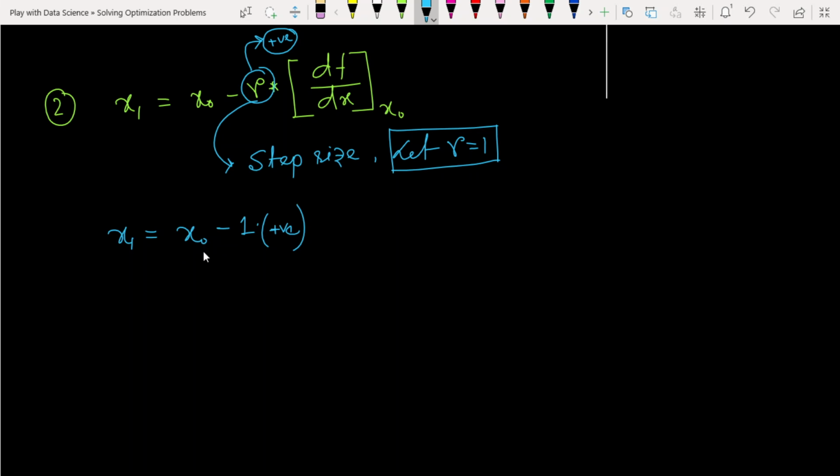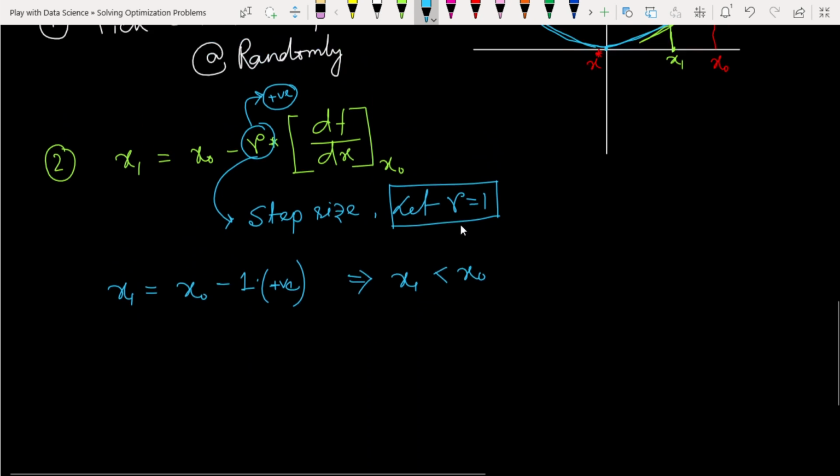Now I am going to subtract some positive value from x0. So this implies that our x1 value will be less than x0 value.